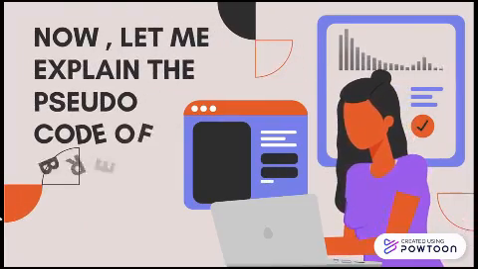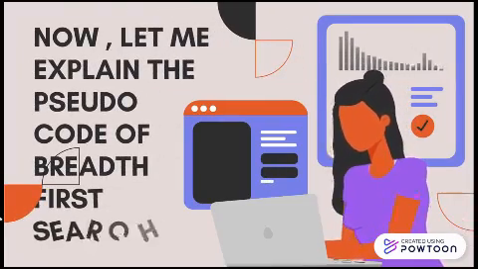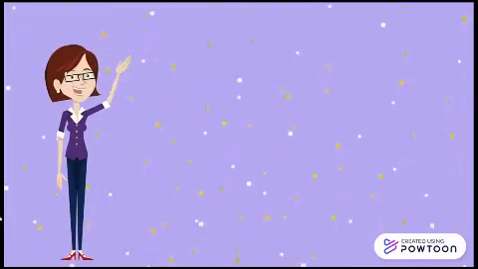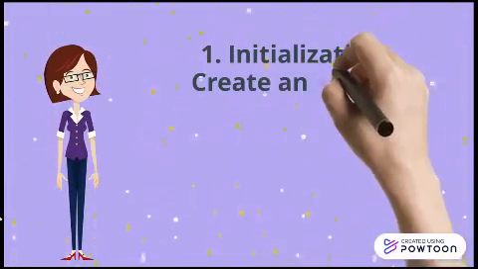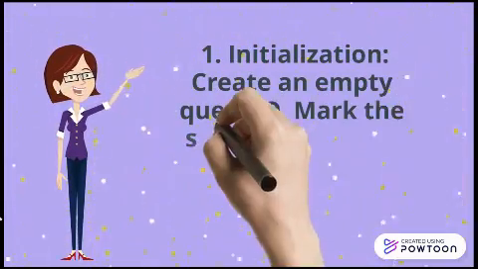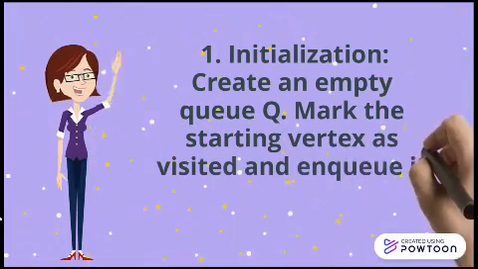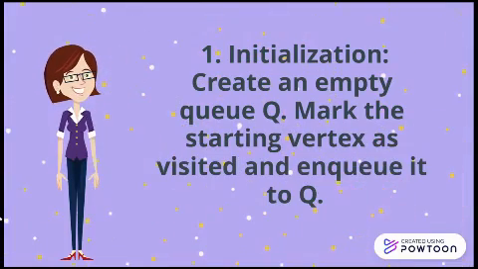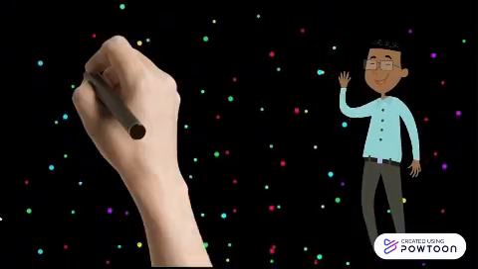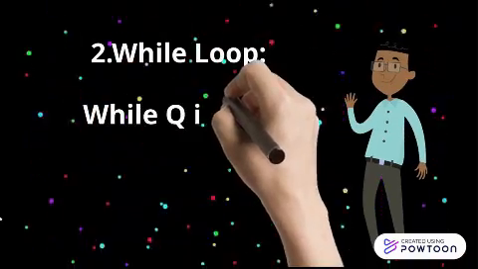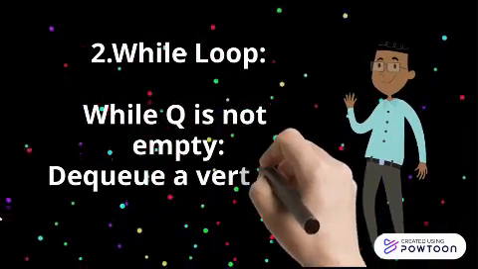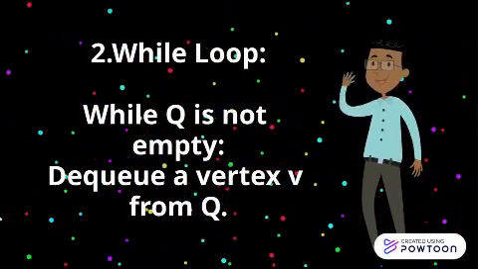Now let me explain the pseudocode of breadth first search. First, initialization. Create an empty queue. Mark the starting vertex as visited and enqueue it to the queue. Second step, while loop. While the queue is not empty, dequeue a vertex v from the queue.